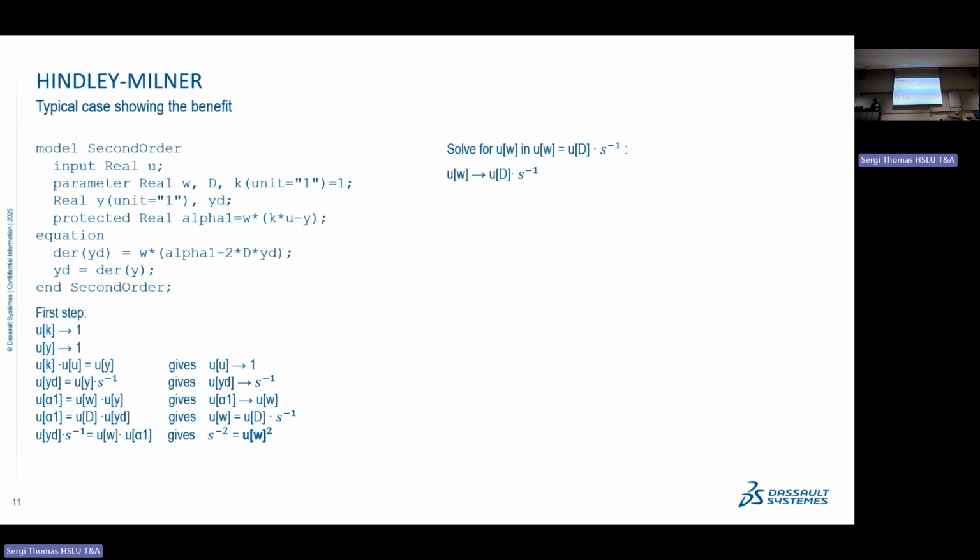So I solve for the unit of omega, which is the unit of d times seconds minus 1, which substitutes that the unit of omega is the unit of d divided by seconds. And then I substitute it in the last equation for the unit of omega, and I get that 1 equals the unit of d squared. And then I solve that for the unit of d, which is 1, and then I get that the unit of omega is per second.